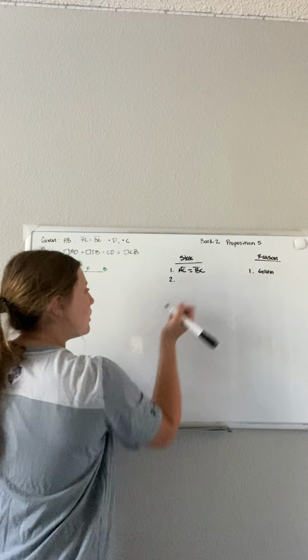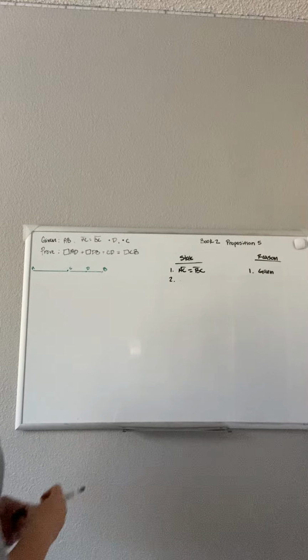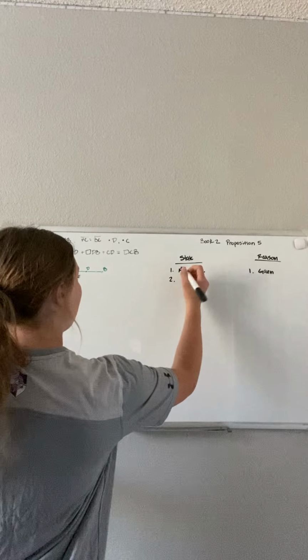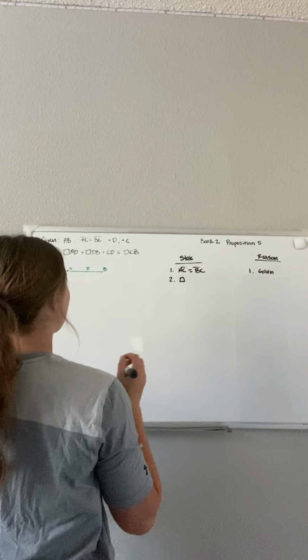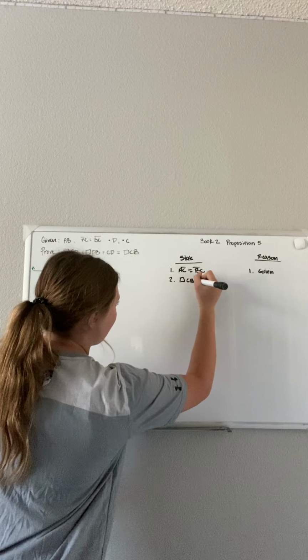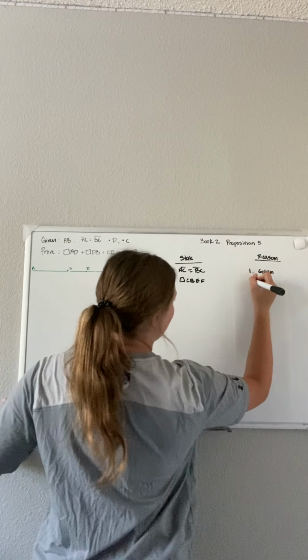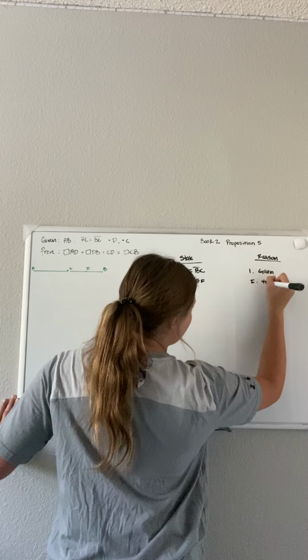And then next, we can create a rectangle out of the points CB and EF because of Proposition 46.